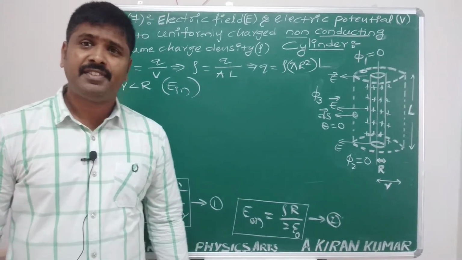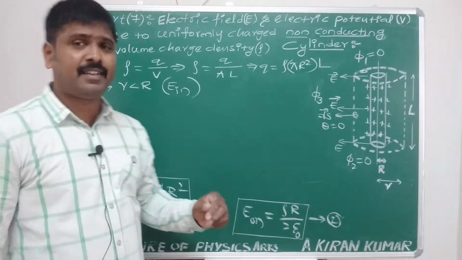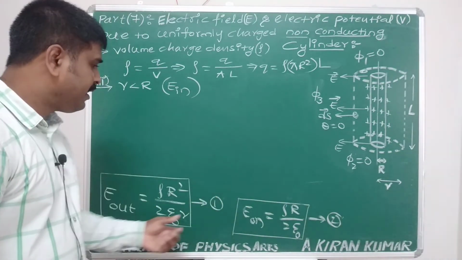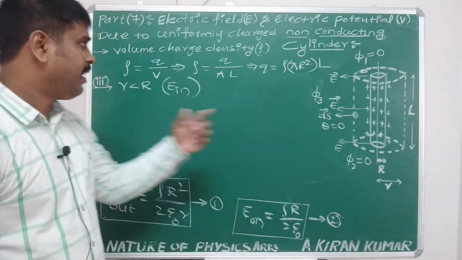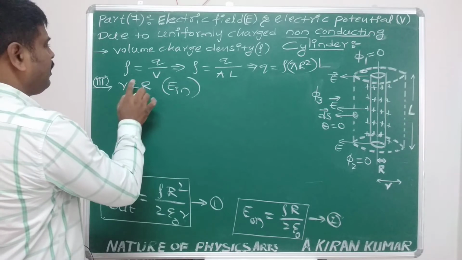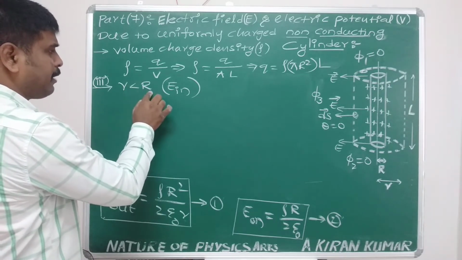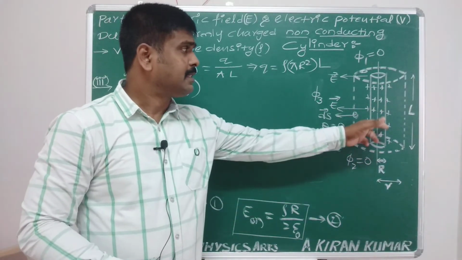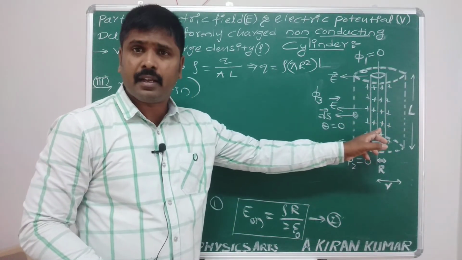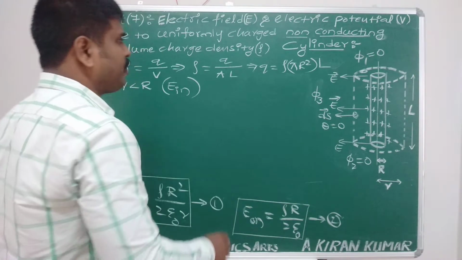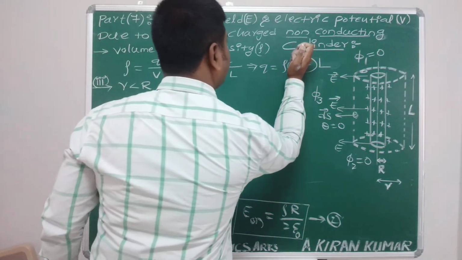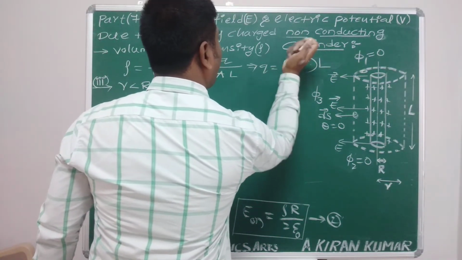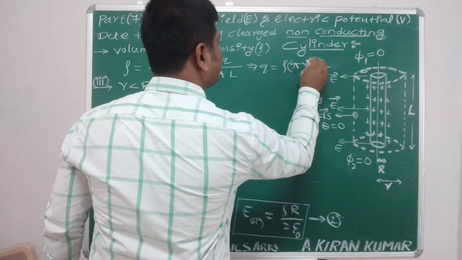Now, in continuation, E outside and E on of the non-conducting cylinder are completed, and now E in, that is, small r is less than capital R. Try to understand, the Gaussian cylinder is inside the non-conducting cylinder. So for that we have to take the area as pi small r square.